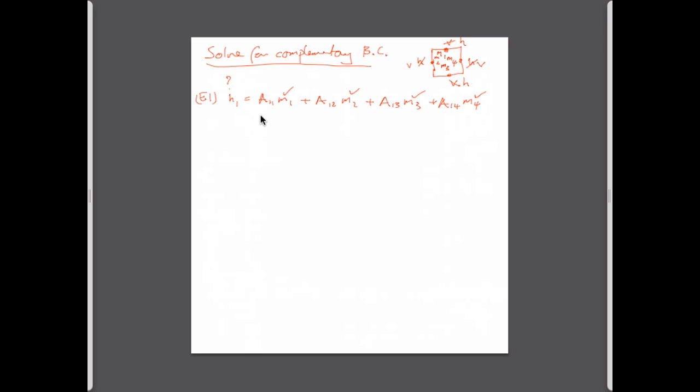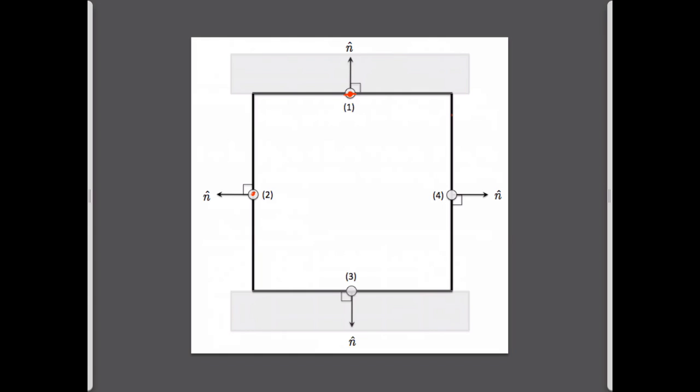So 0.27. And the head we don't know, H1. We do know what M1 is. The source at 2 and its influence on 1. So we're going to put a source here. We want to know what its influence is on the heads at this point here.